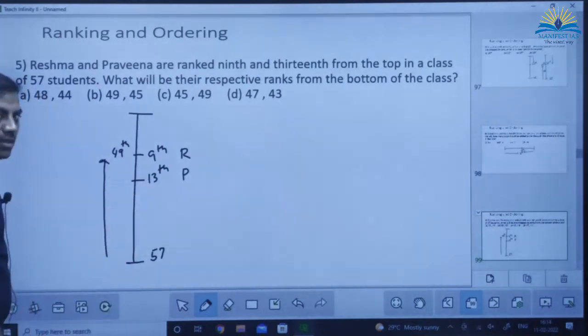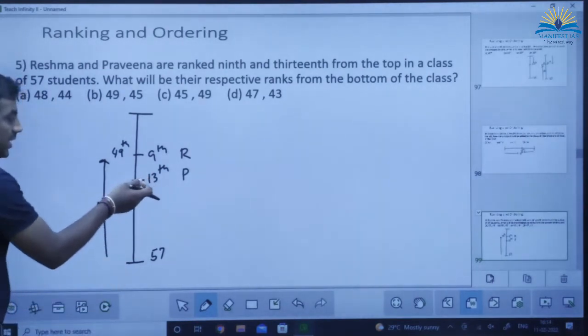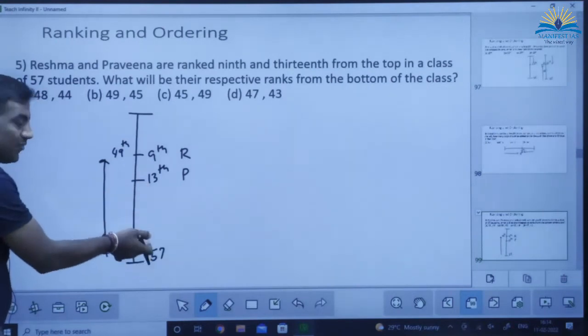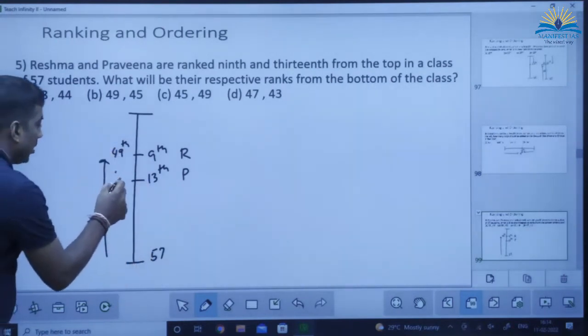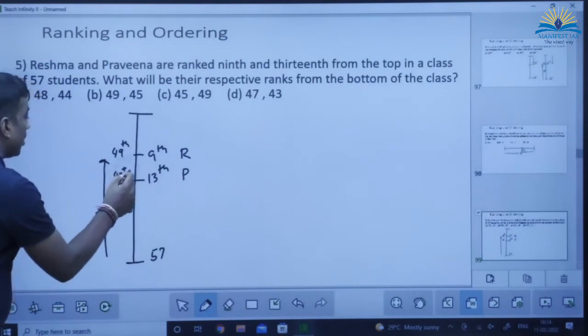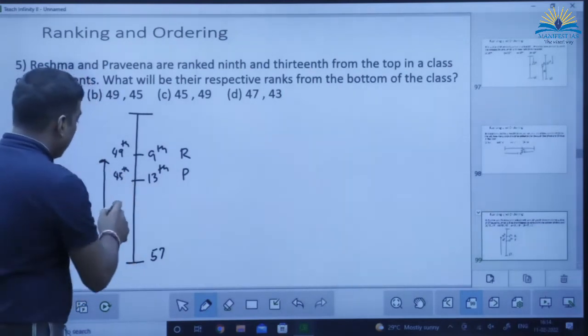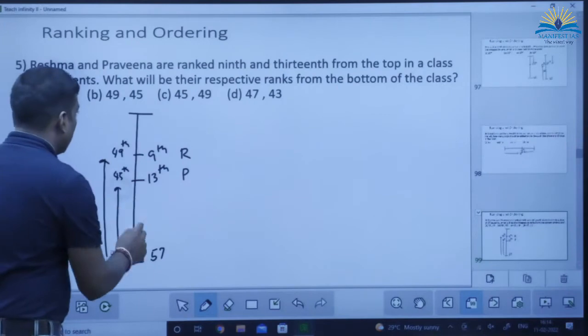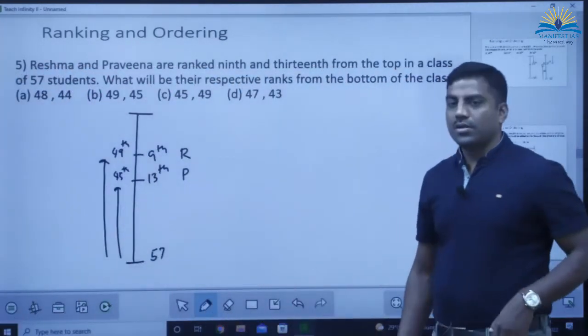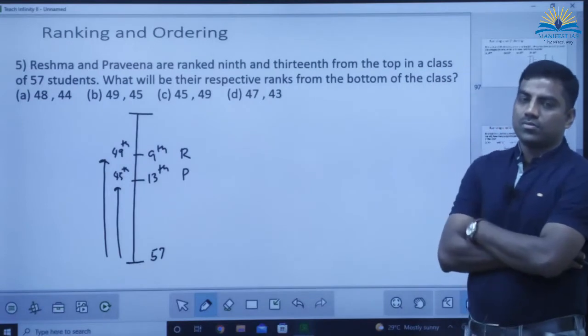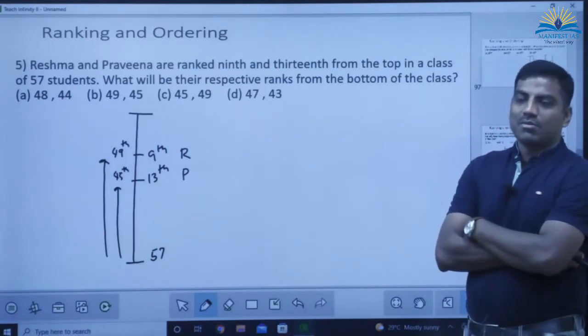What about Praveena? How many persons are there after her? She is 13th. After her, there are 44 persons. If you come from the bottom, she will be 45th. Now, what is the right answer, B or C?